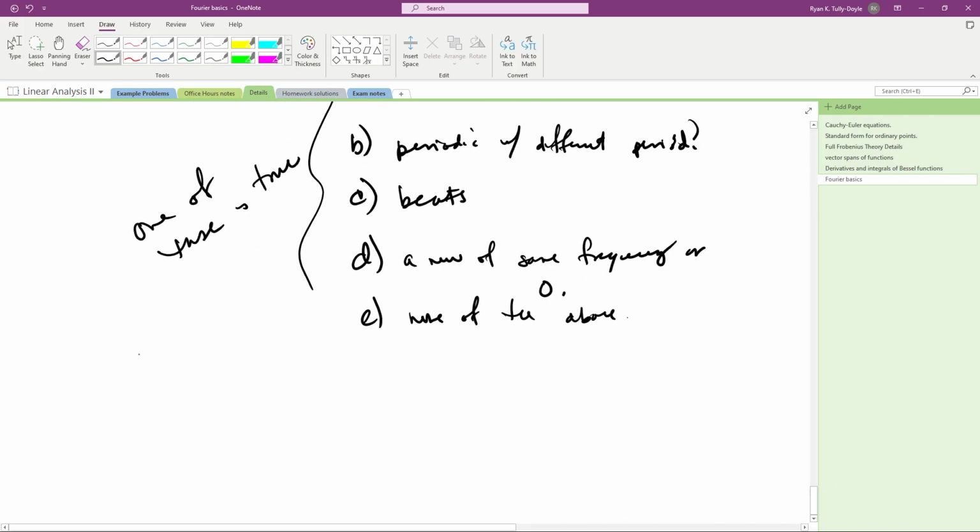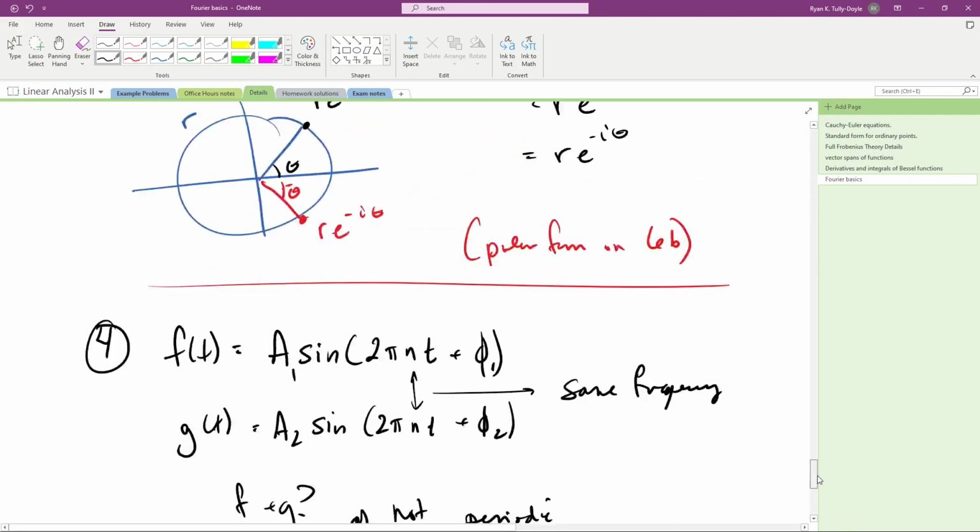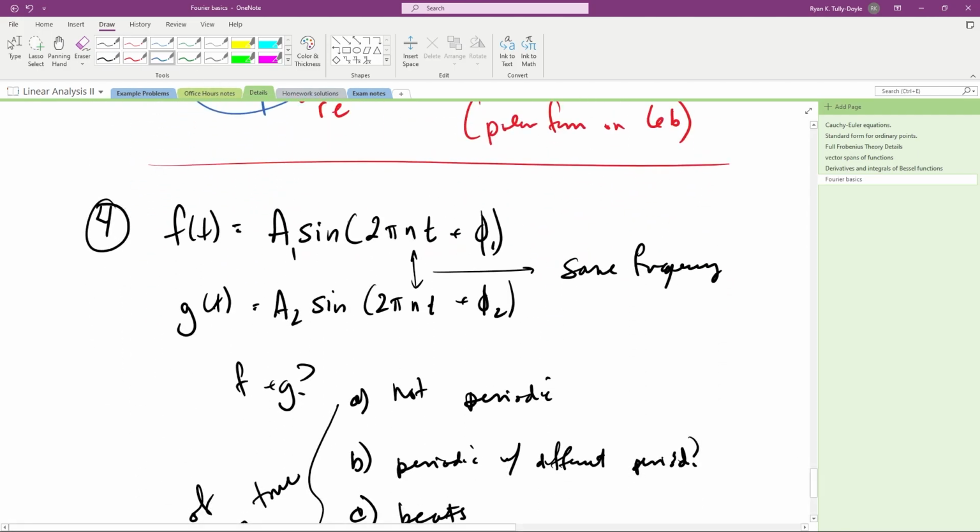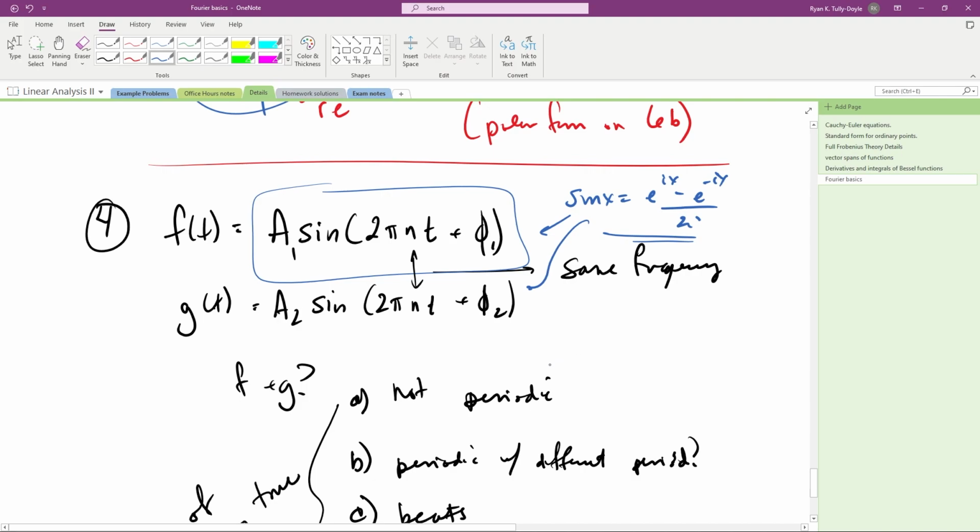And the hint is that this complicated looking mess right here has an exponential representation. You can write f of t equal to a1 sine of 2 pi n t plus phi1, and you can rewrite that using the definition of sine, that sine of x is equal to e to the ix minus e to the minus ix over 2i. You can take this definition and rewrite both of those sinusoids.